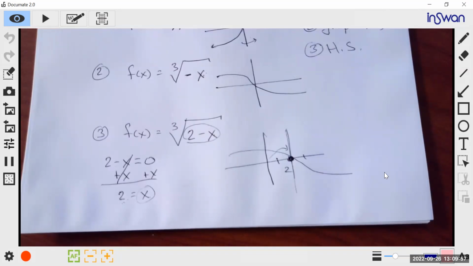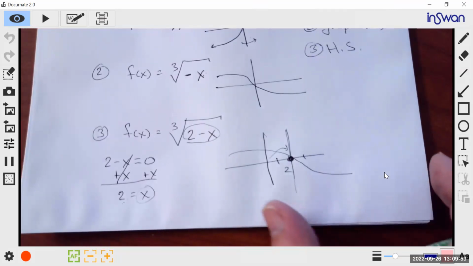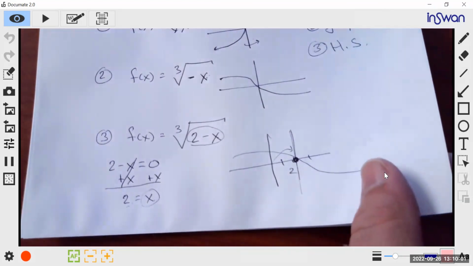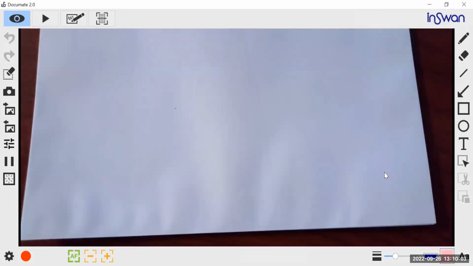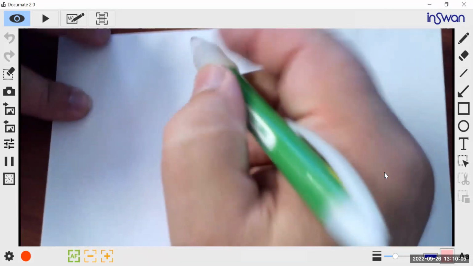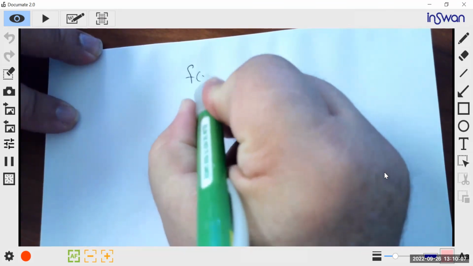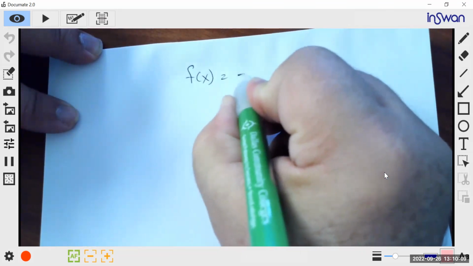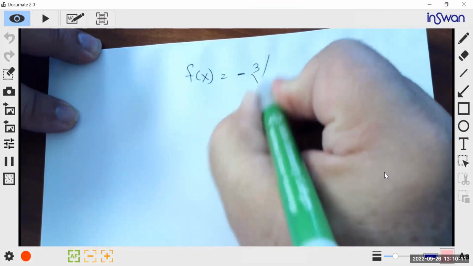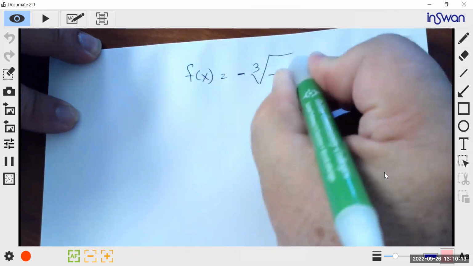So far, so good. Okay. What do you think would happen if I gave you this? What would the graph look like?